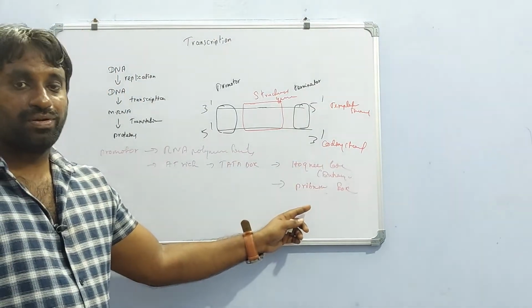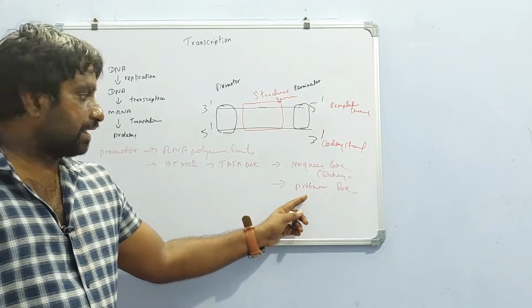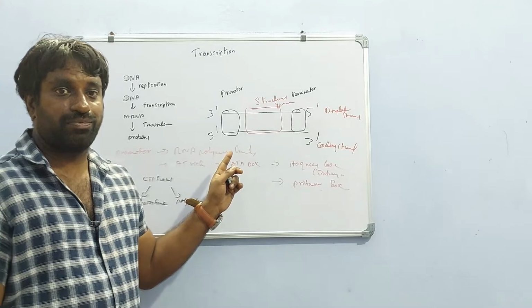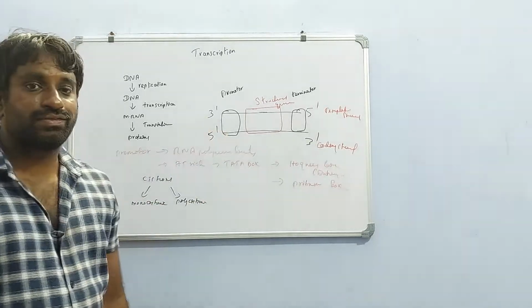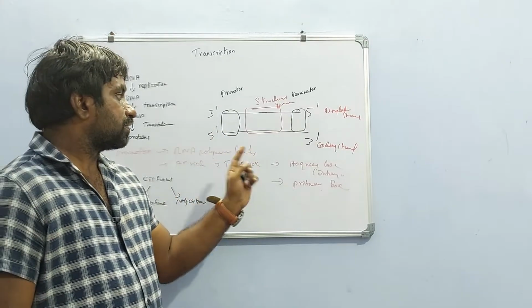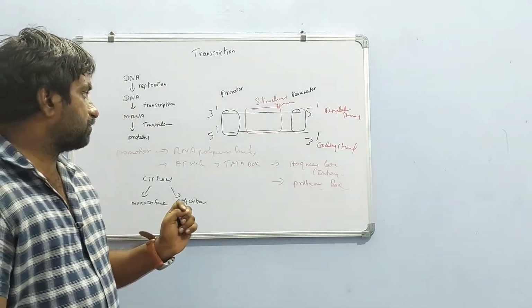Those two are named after the scientists who discovered them. The promoter is found in the upstream region, that is, the 3' end of the template strand or the 5' end of the coding strand.